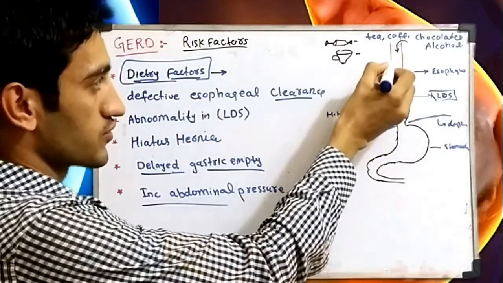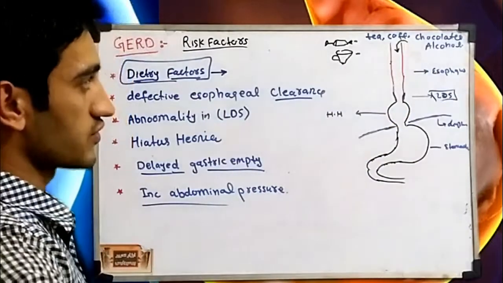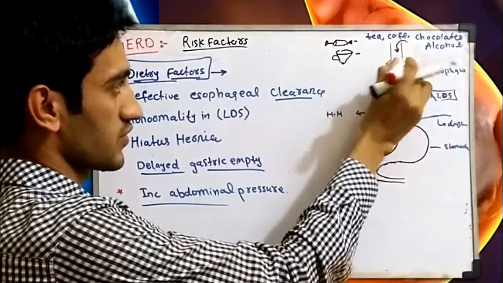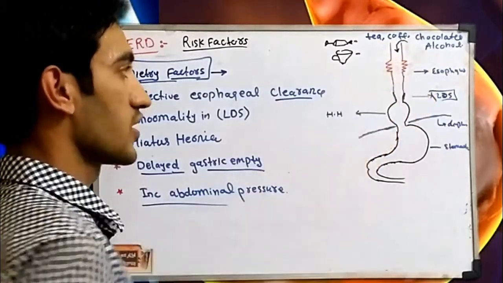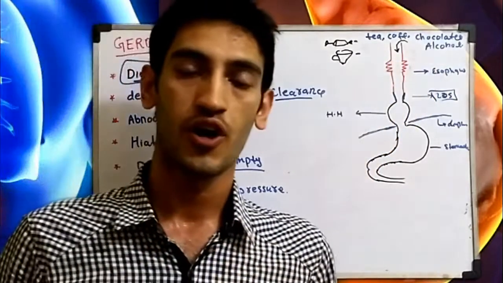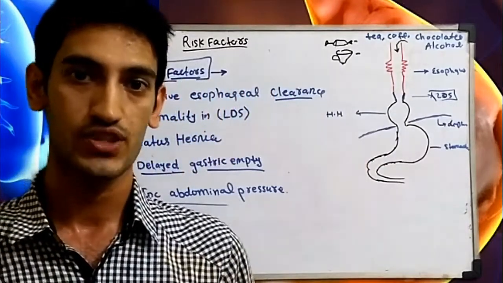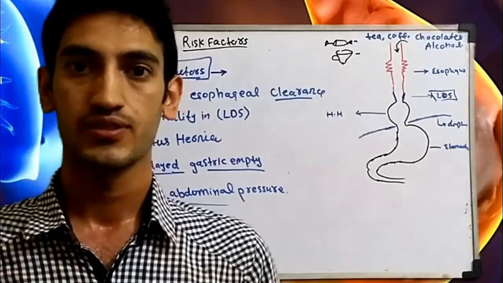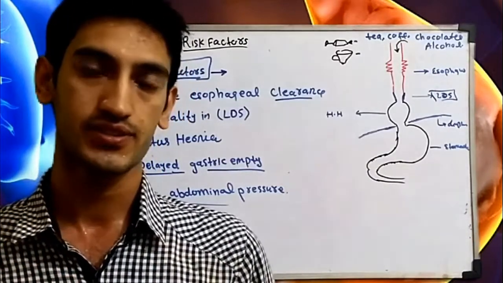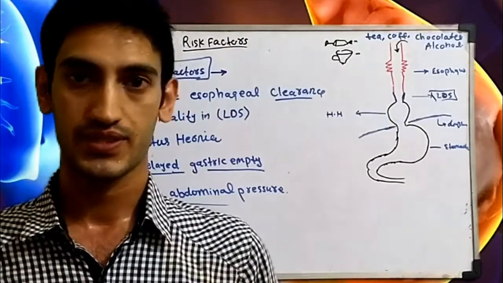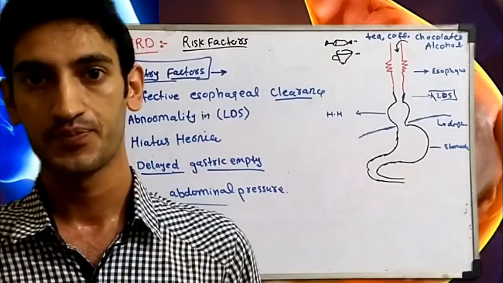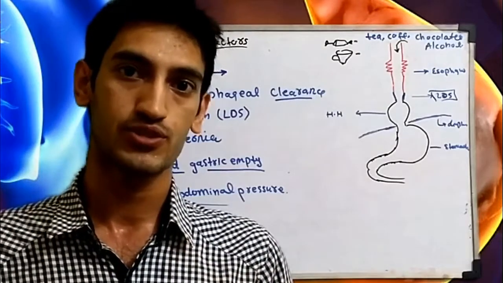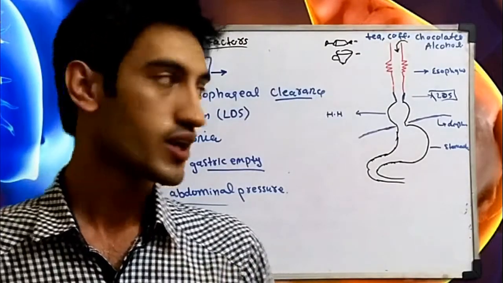Now we will come down and talk about the esophagus. As we said, normally there is gastroesophageal reflux, but the esophagus, with the help of peristalsis and with the help of saliva which neutralizes the acid, will prevent damage to the esophageal mucosa.